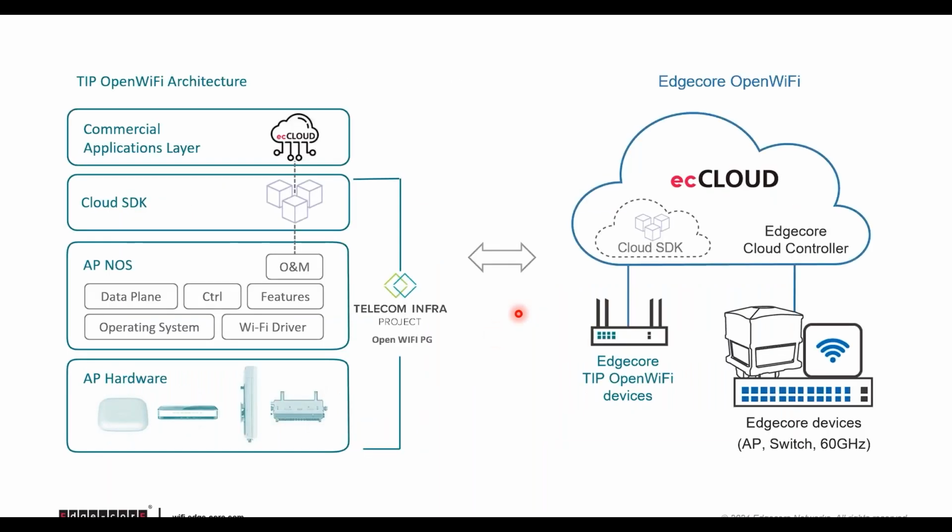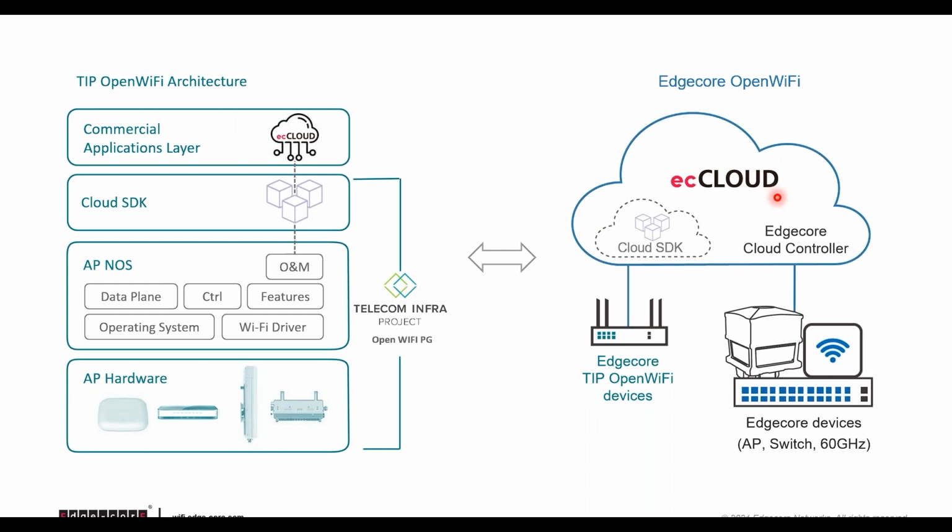Okay, besides, you can see some pictures. You can see the EC Cloud. So actually, except for the native cloud SDK from the TIP OpenWiFi, we also have the commercial grade EC Cloud. It has already operated for more than 6 years.